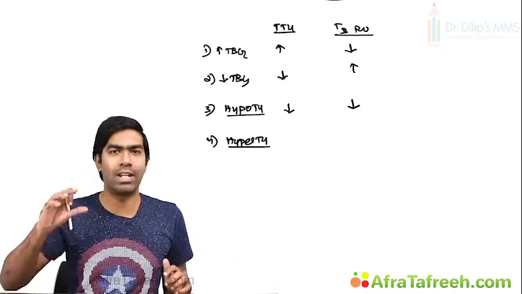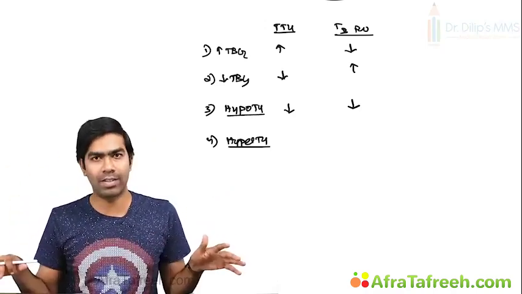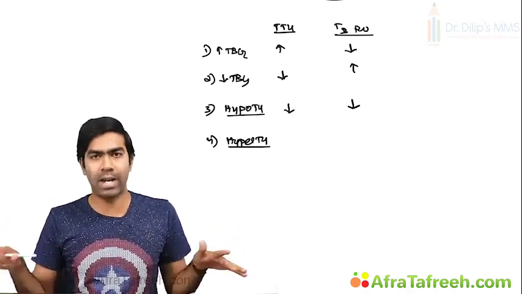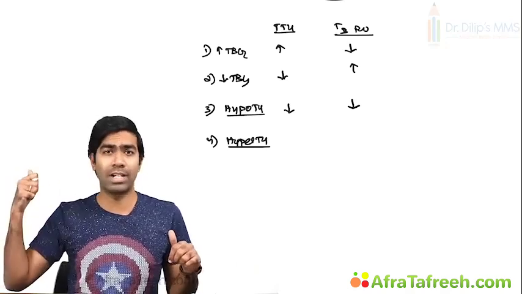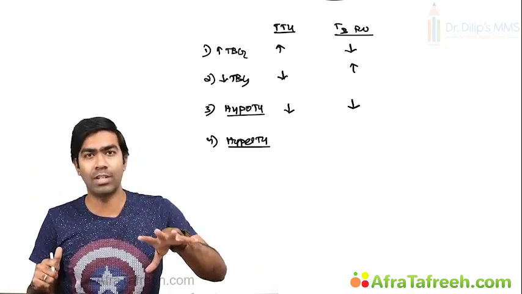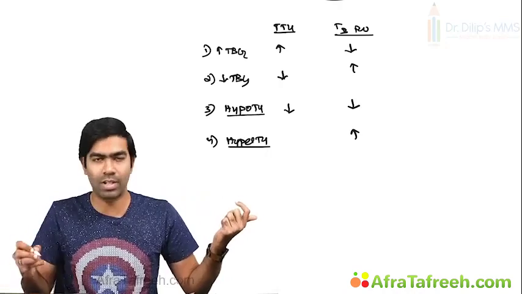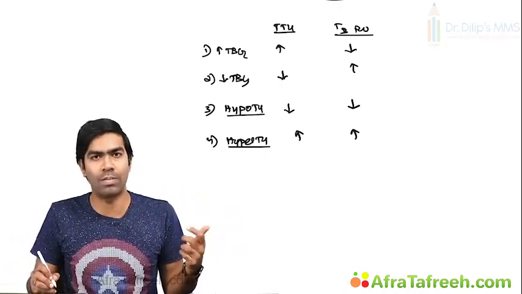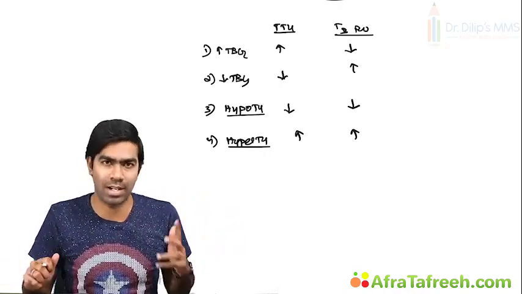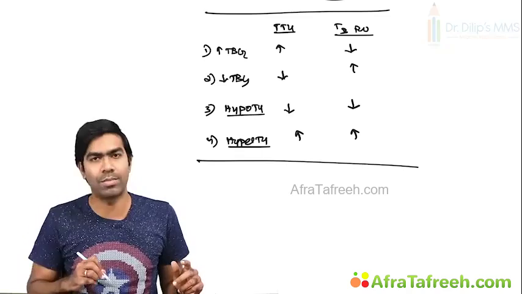So when you give the radiolabeled T3, there will be no binding sites available, because they are already occupied by the excess T4. Whatever radiolabeled T3 you give cannot bind to the TBG, so it will be available for the resin. So the resin uptake will increase, and the total T4 also will be increased, because it's a real hyperthyroid state. This is very, very important for exams.